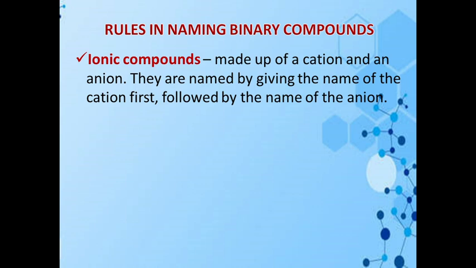They are named by giving the name of the cation first, so the metal first, followed by the name of the anion. Always take note that the metal, the cation, does not change its name, followed by the name of the anion, which depends on its suffix.